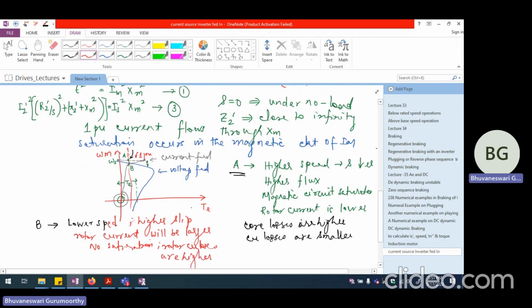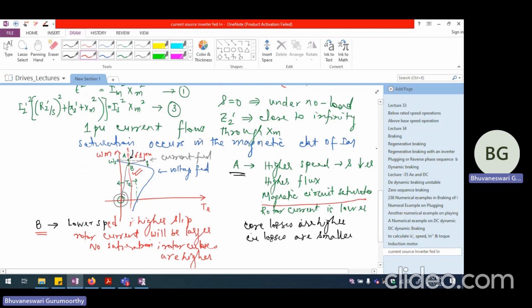But if you look at the characteristics, you can see that B is coinciding with voltage fed characteristics, whereas A is above the voltage fed characteristics. So out of these 2 points, if we are looking at which one is more advantageous, we would not generally go with saturation of magnetic circuit because you might overload the machine magnetically, which is actually not a very good idea.